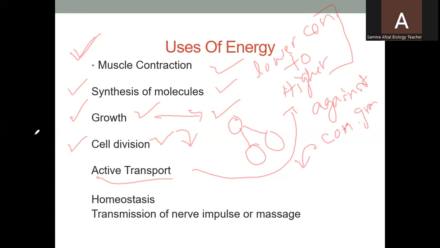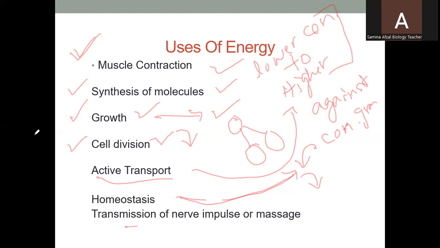Then homeostasis, to maintain the internal environment of the body. Maintenance of the internal environment of a body is homeostasis. So to keep our environment maintained, energy is required.